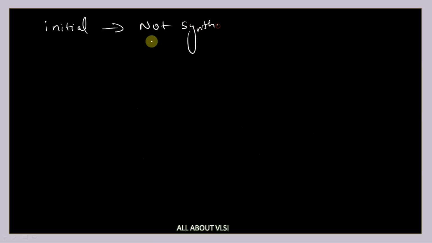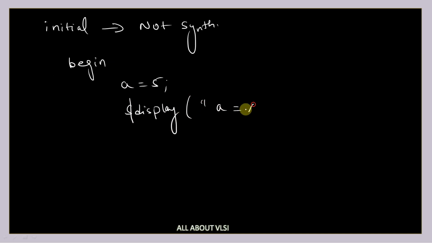Here, if you write begin, a = 5, $display("a = %d", a), then the value of a is going to become 5.